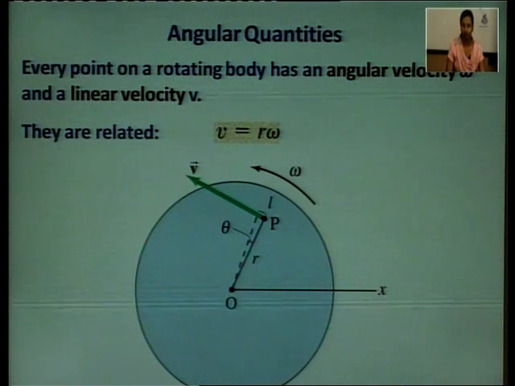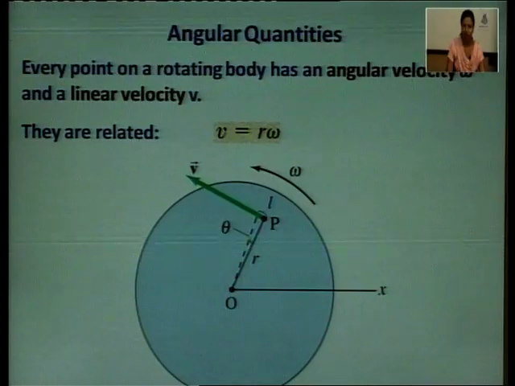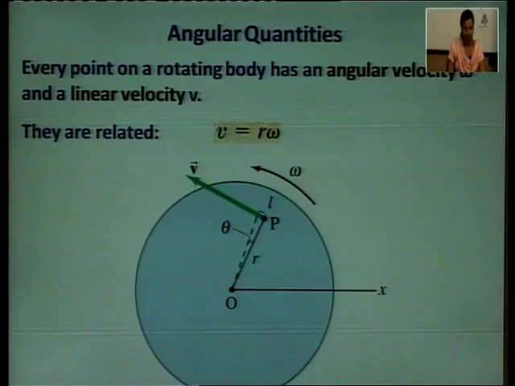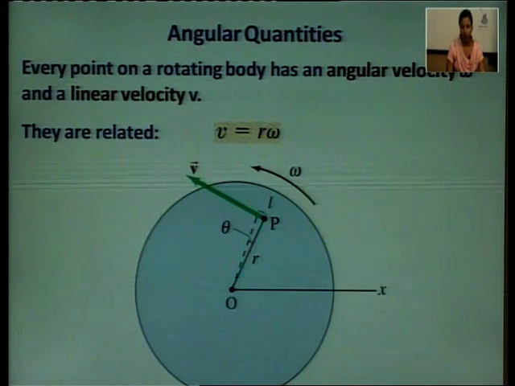Similarly, a is equal to r alpha, where a is acceleration and alpha is angular acceleration. To find the linear quantity, simply multiply the angular quantity by r, that is, velocity is equal to r omega.